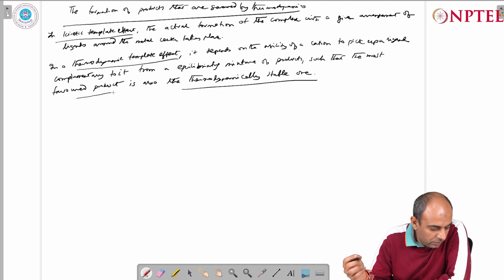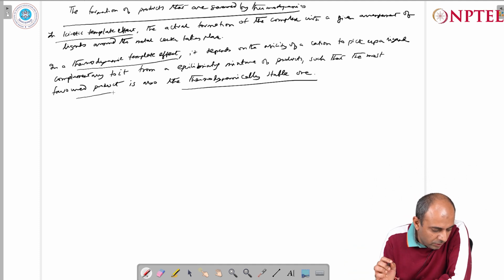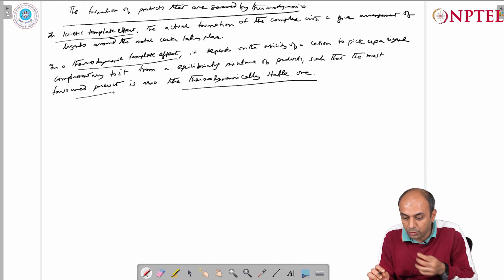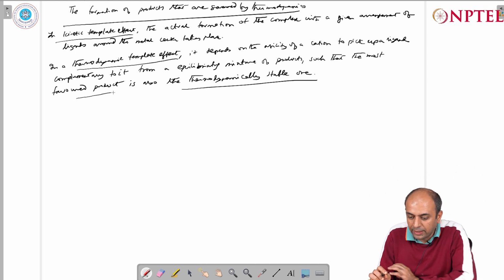And let us look at one particular example where the demonstration of the thermodynamic template effect has been relevant.